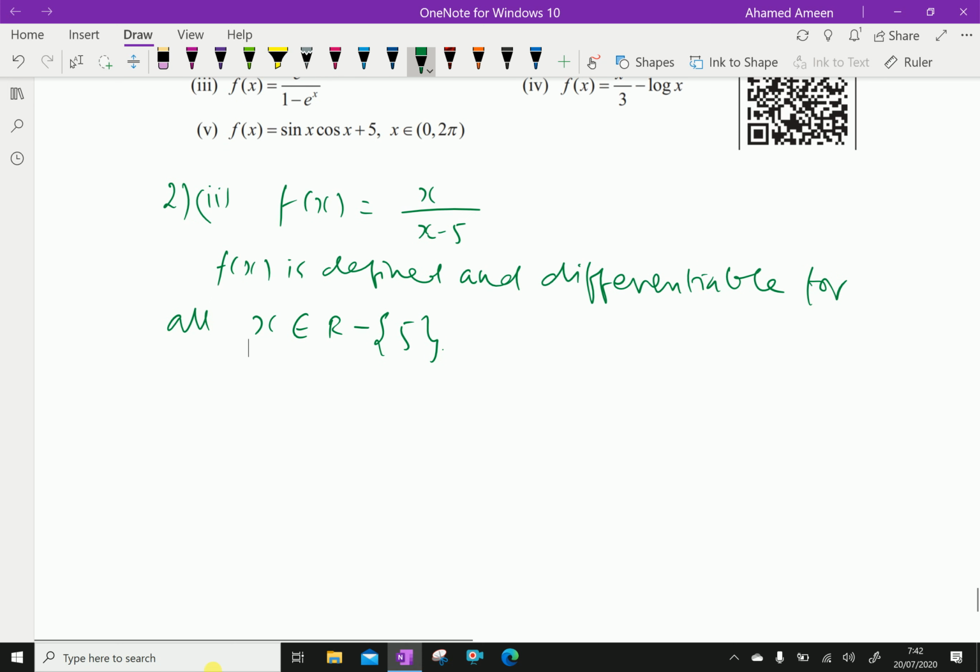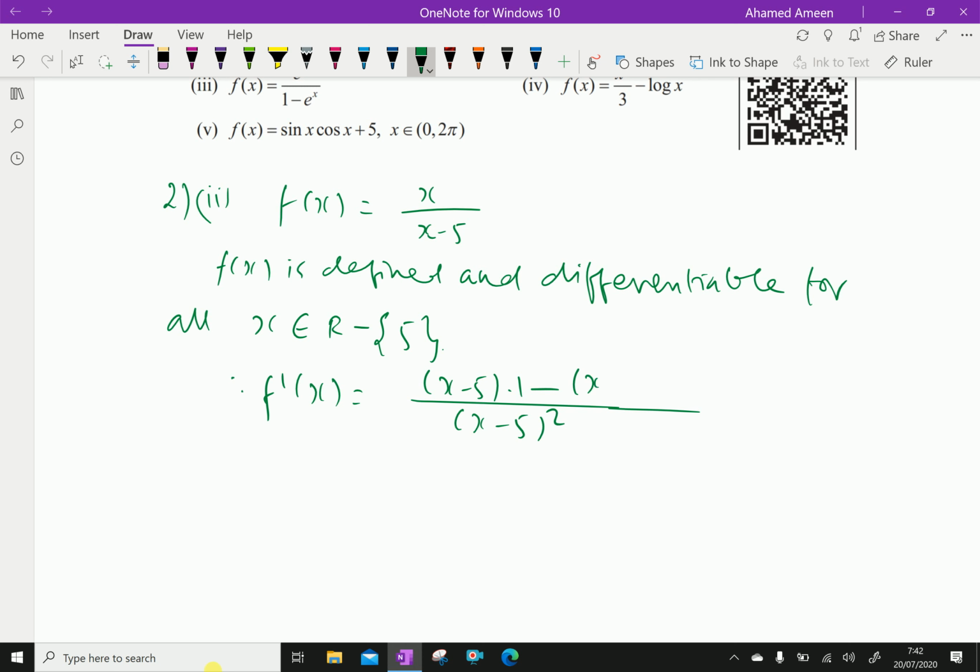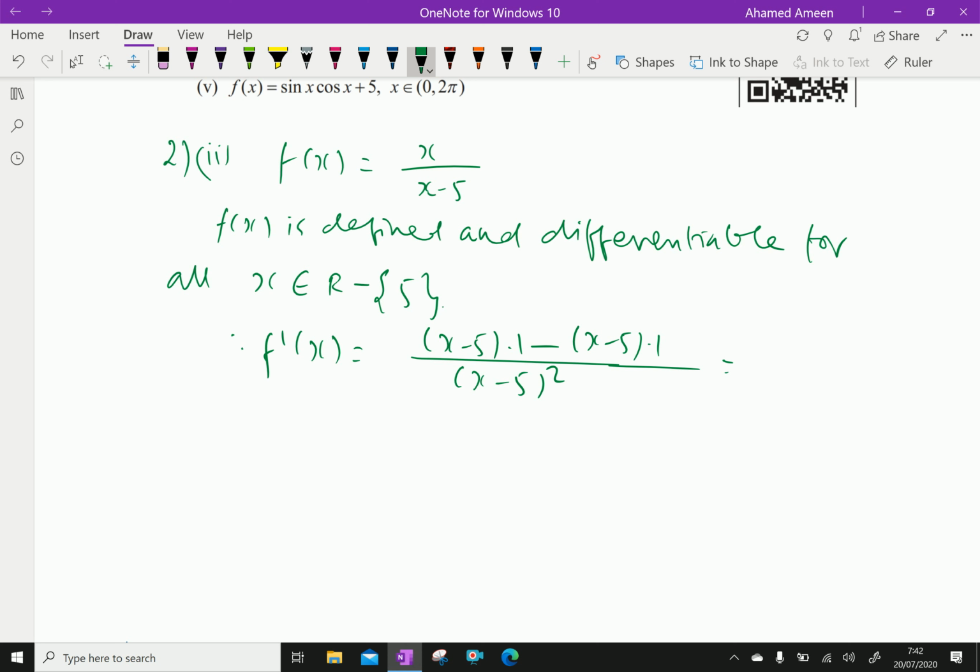Now we'll find f dash of x, that is the derivative of f of x, by the uv quotient rule, over x minus 5 square. Here x minus 5 into the derivative of x, which is 1, minus x into the derivative of x minus 5, which is 1.